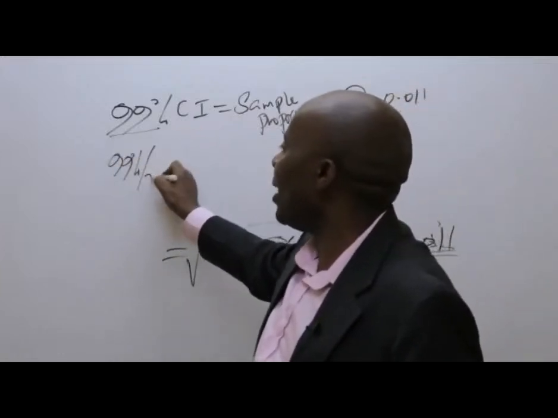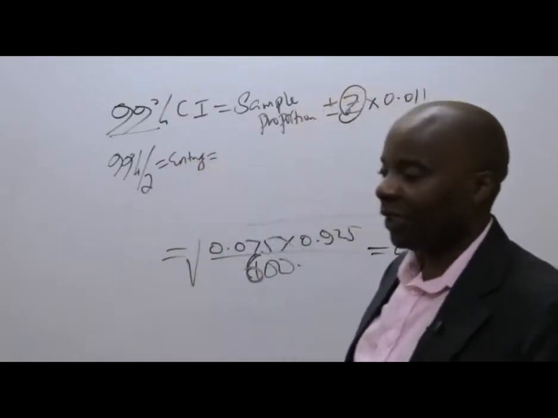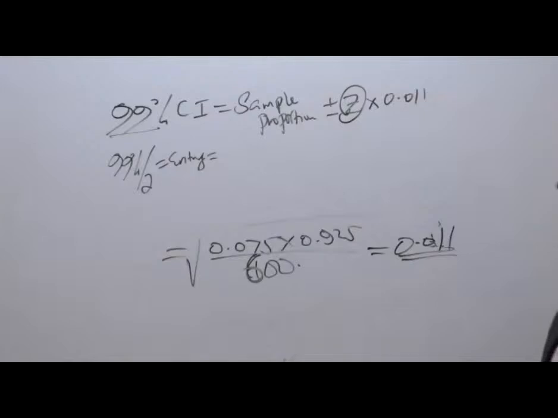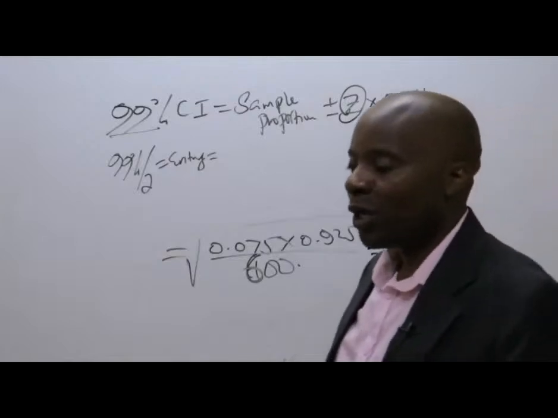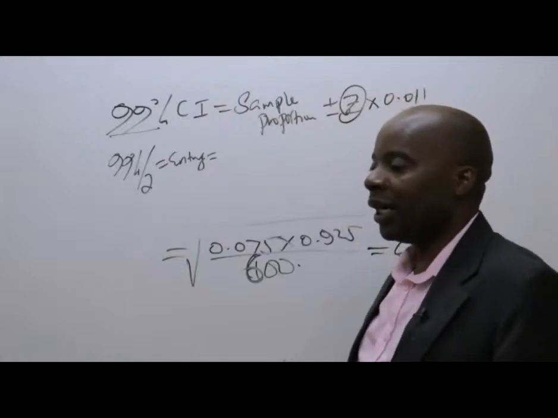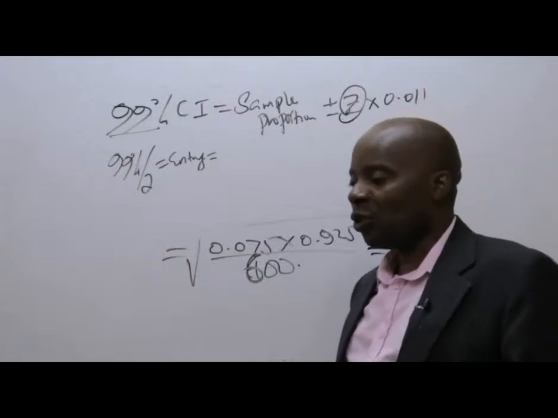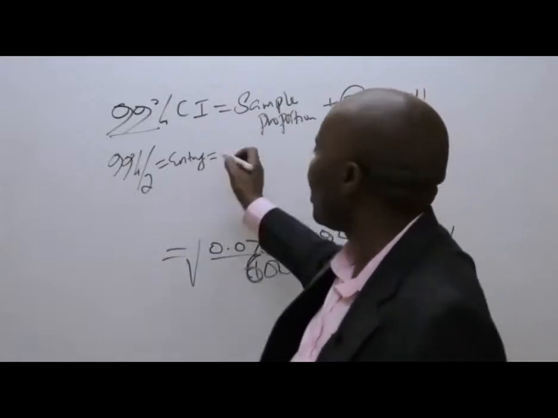You divide by 2 to get your entry figure. Somebody give me that figure: 0.99 divided by 2. What do we have? We have 0.495. Thank you very much.